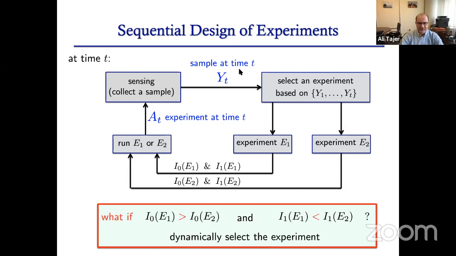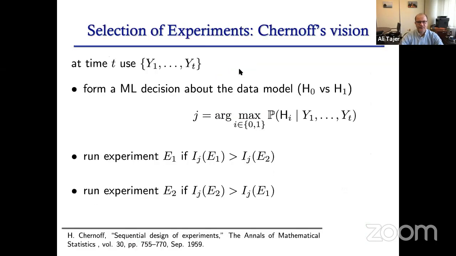But the more realistic case is what happens if under the two experiments we don't have that uniform dominance of the measures. Let's say under E1, I0 is larger, under E2, I1 is larger. Then based on how much confidence we have about the underlying model at any point, we have to dynamically select one of these two experiments to continue.